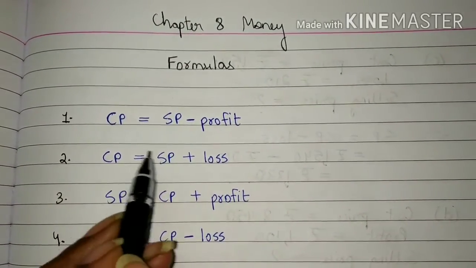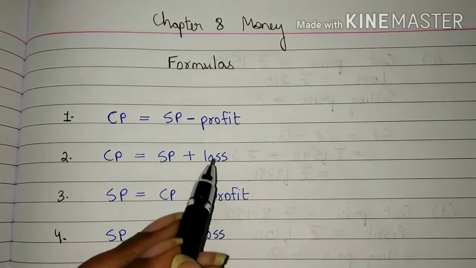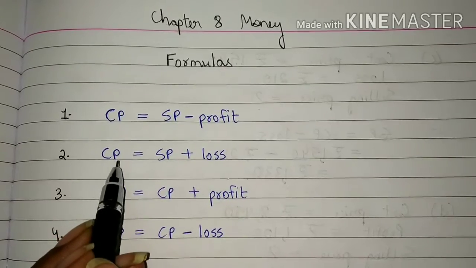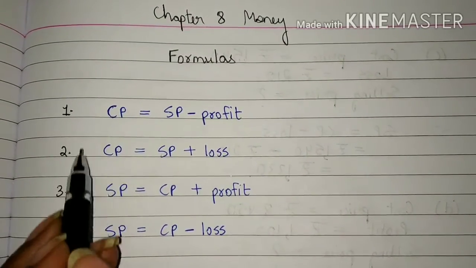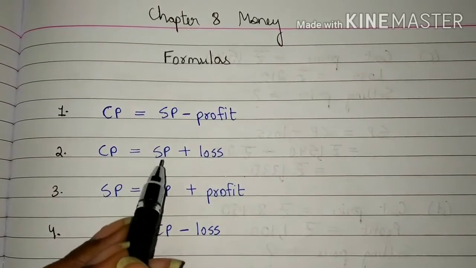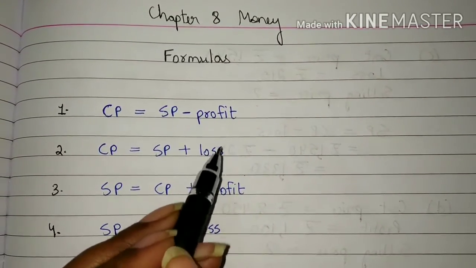When selling price and loss is given and you have to find out cost price, then you will use this formula: cost price is equal to selling price plus loss.